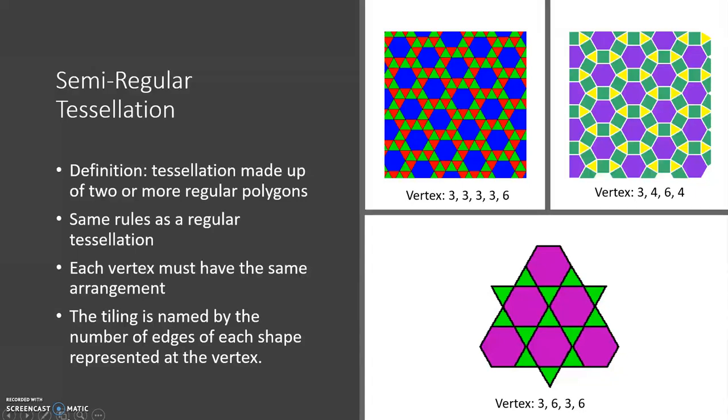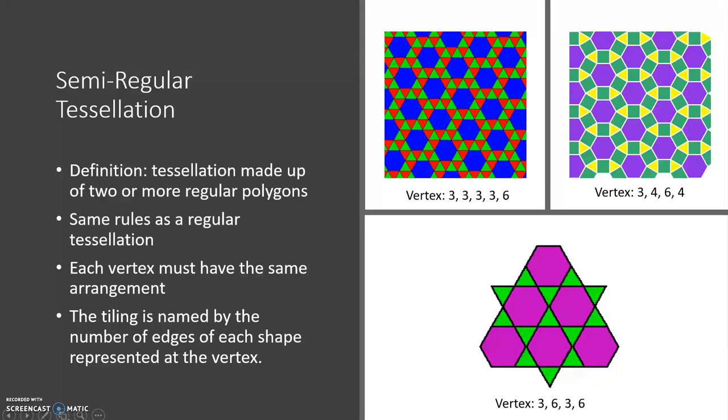So we don't want to name it 6333 or 33633. We want to put the smallest numbers first if at all possible. So this one is actually going to be called a 3, 3, 3, 3, 6 because there's triangles and a hexagon that make up that vertex. Move over to the right. This one is also made up of hexagons, triangles, and squares this time.